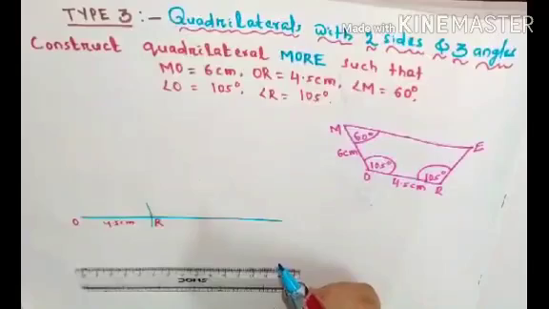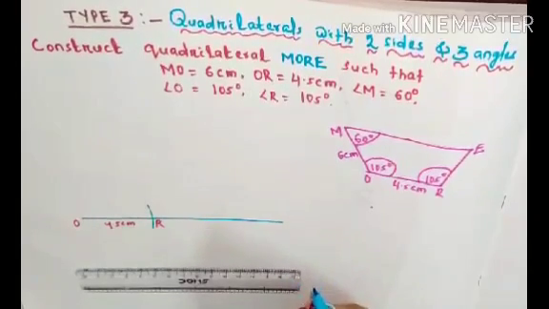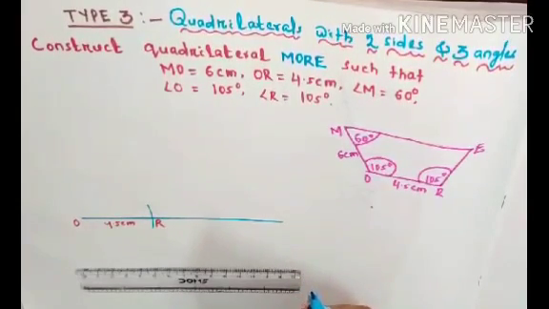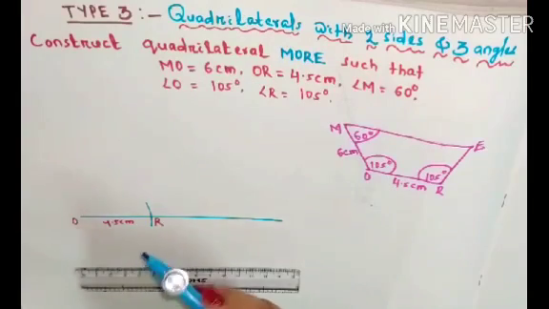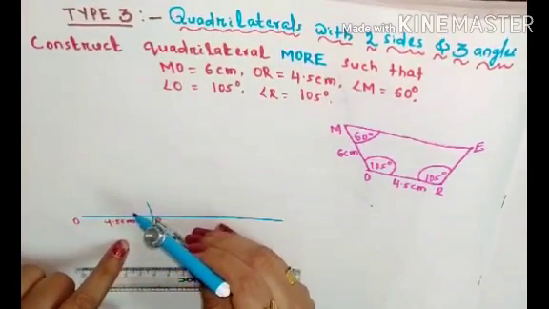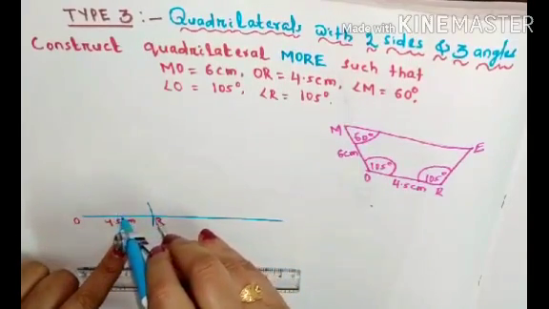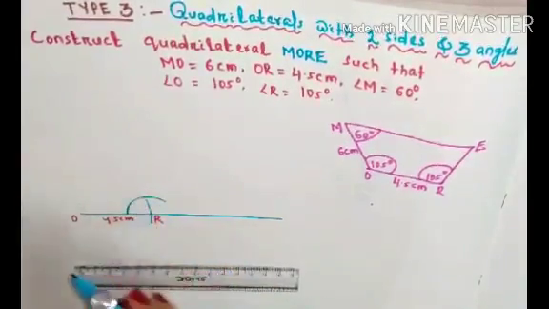Now I have to draw angle O and angle R. In your previous classes, you have learnt how to draw angles. You can draw an angle using a protractor or you can draw an angle using your compass. So here I am going to draw it by using my compass. So how do you draw angle 105 degree? First I have to draw 90 degree. So look here how I am doing. Taking R as center, draw an arc.